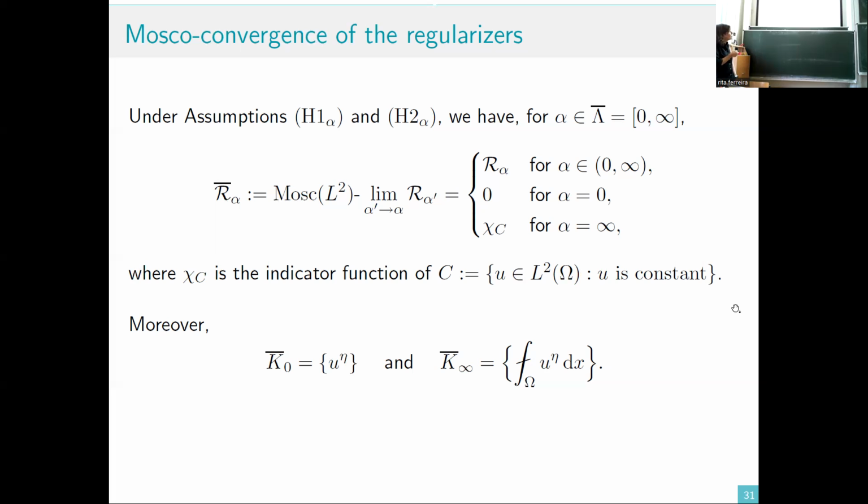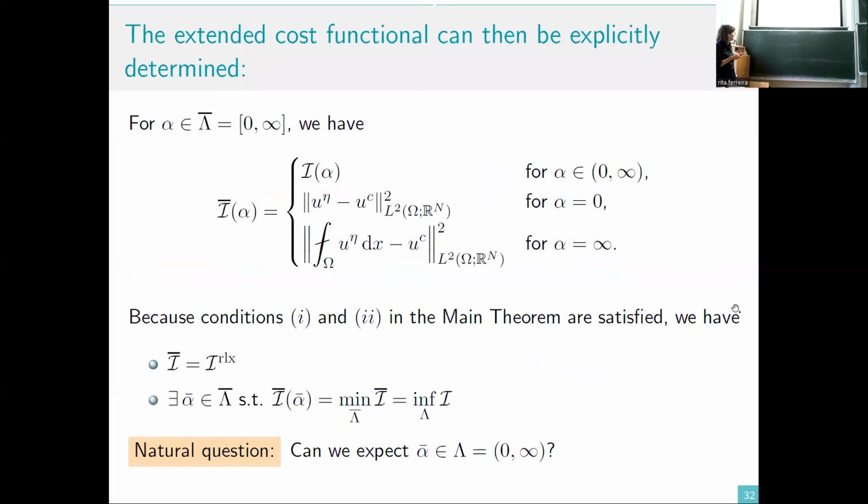And then, remember, to apply the main theorem, we would have to prove Moscow convergence for all parameters in the closure of lambda, and we would also have to prove that for the values in the border that don't belong to the original set, we have uniqueness of minimizers, and in fact we do have it, and these are the unique minimizers at these borderline cases.